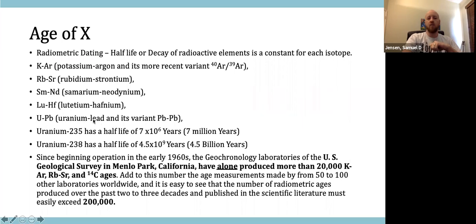Most people are familiar with uranium, lead, and things like that, or you're familiar with carbon-13, right? There are a whole bunch of these isotopes that exist naturally in us, in rocks, in all kinds of stuff, and we can measure their decay patterns fairly accurately.